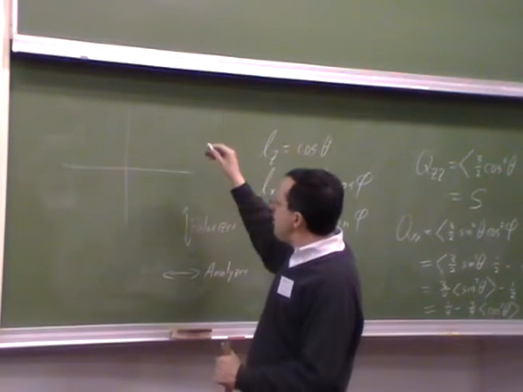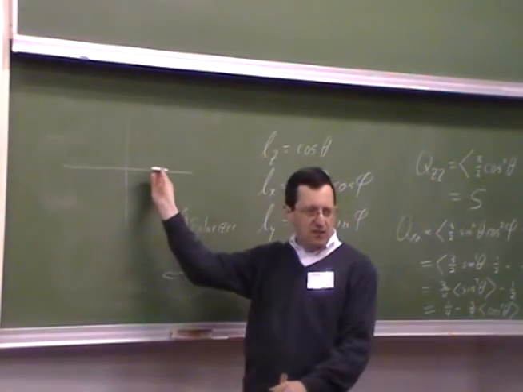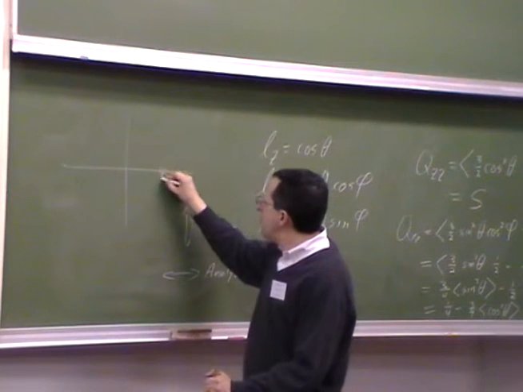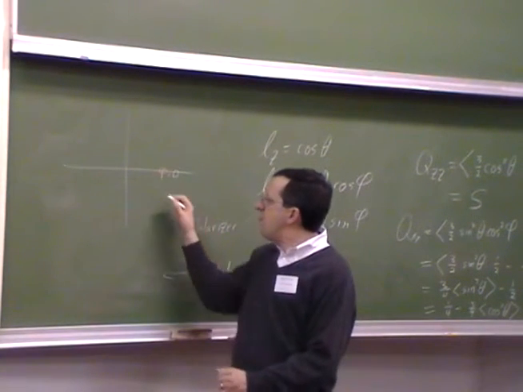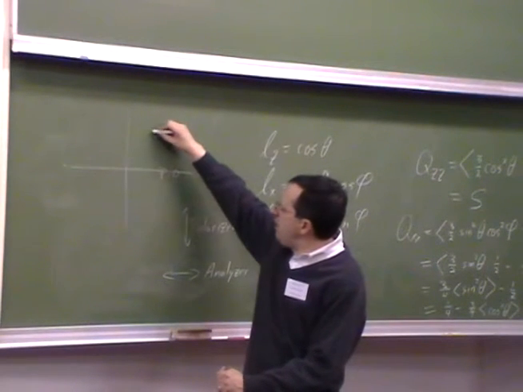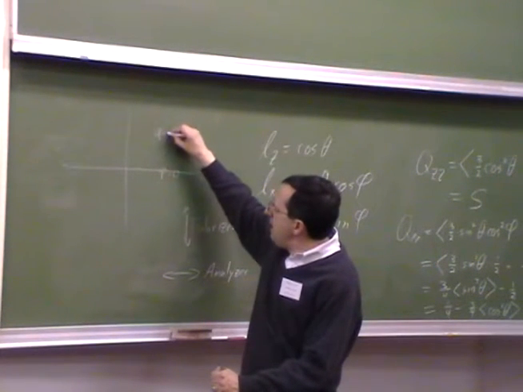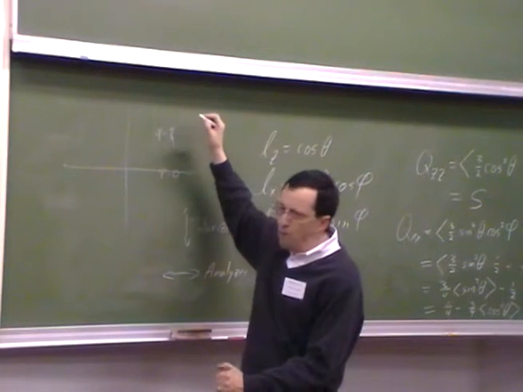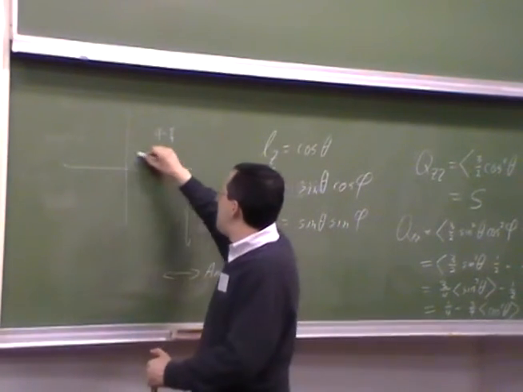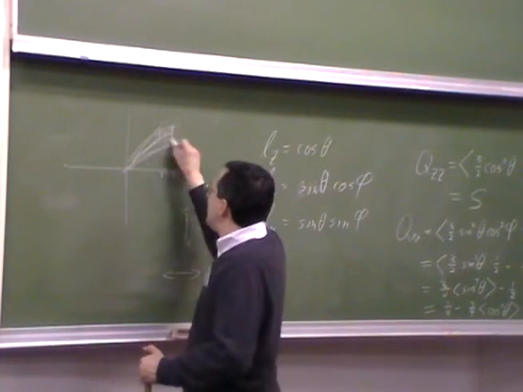Then in places where the orientation is like this, that's phi equals 0, and so you would see dark here. Up here, where phi equals pi over 4, you would see bright, so I'll draw that: you see white over here.